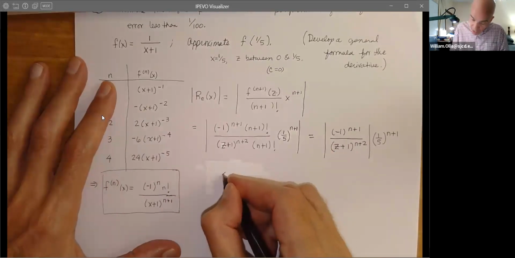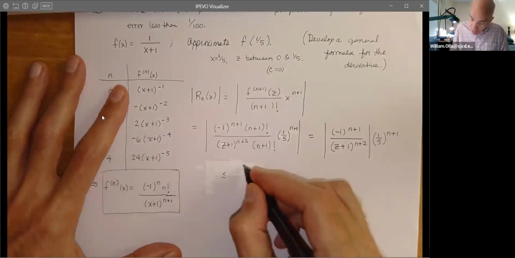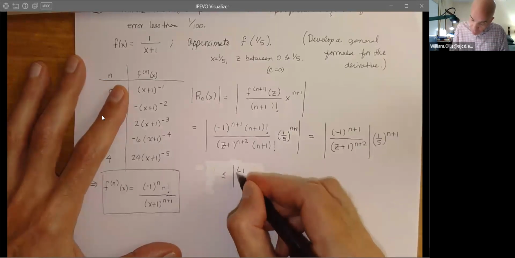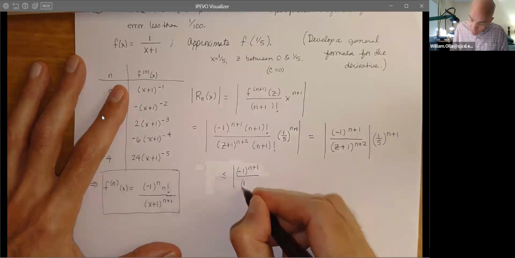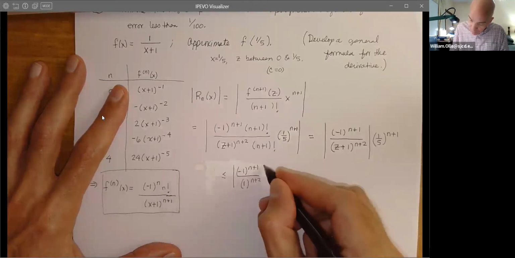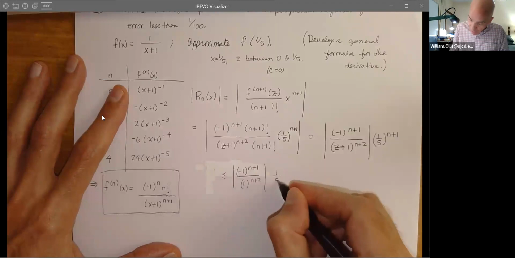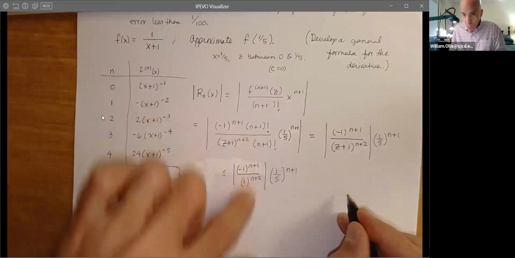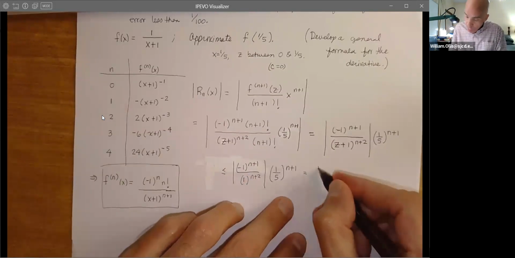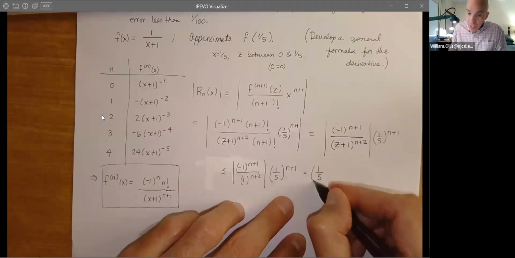So this will be less than or equal to negative 1 to the n plus 1 over 1 to the n plus 2 times 1/5 to the n plus 1. And this is just 1. So we get 1/5 to the n plus 1.